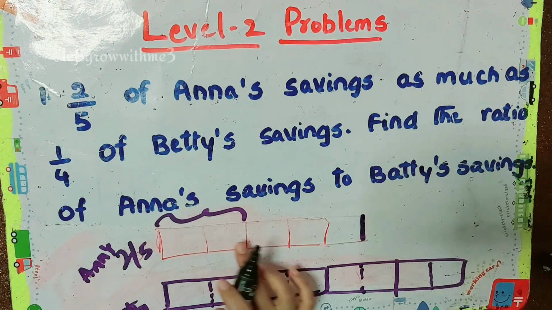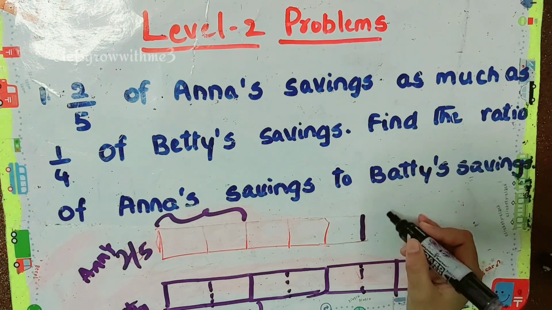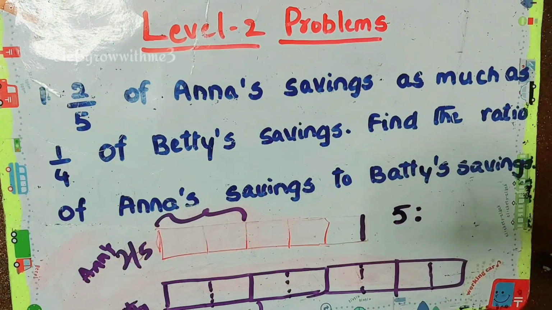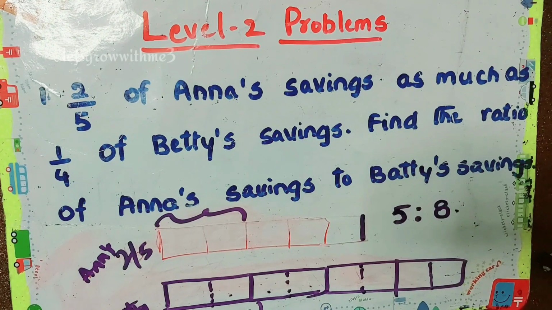Okay, so that means we can compare, because the condition to write a ratio is you need to have the same quantity. Okay, so total Anna you have 5 units and Betty's is 8 units.